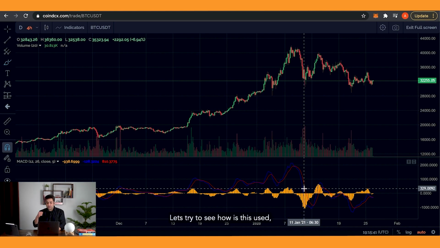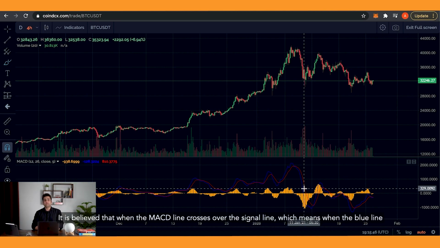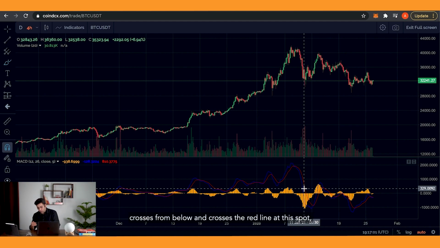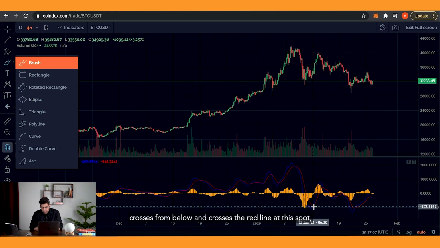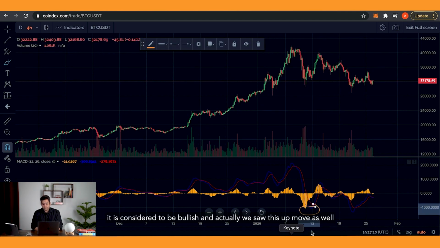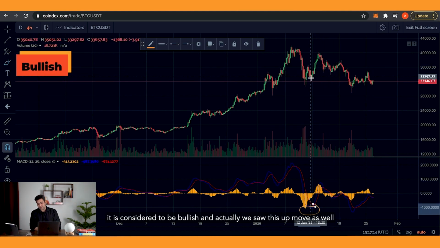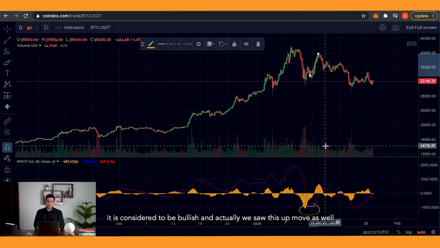All right, so let's try to see how this is used in normal trading. It is believed that when the MACD line crosses over the signal line, which means when the blue line, the actual MACD line, crosses from below the red line, let's say at this spot, then this supposedly is considered to be bullish, and actually we saw that at the same time we saw this up move as well.